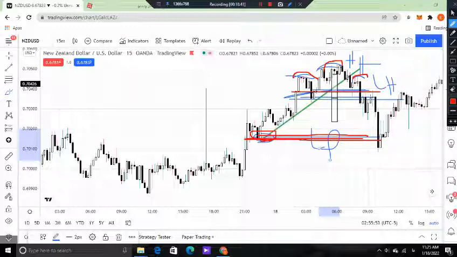And as I said before, most of the tops at support and resistance areas are either double tops or double bottoms, or head and shoulders and things like that.